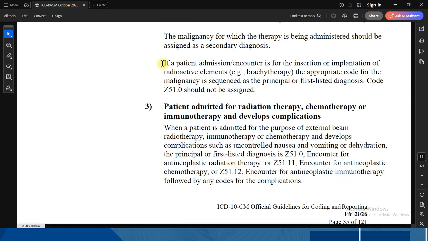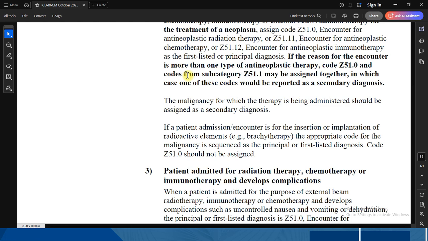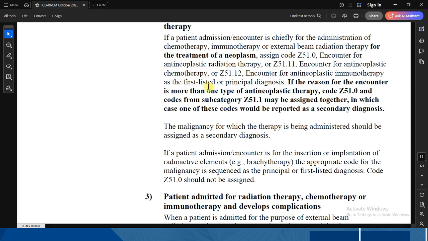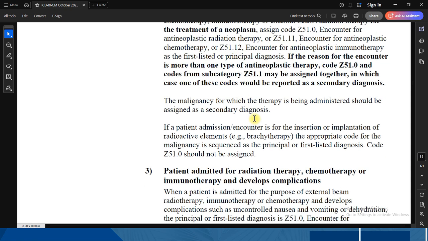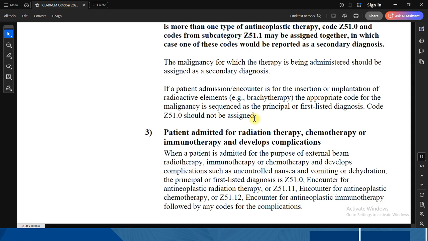This is a very important guideline. These guidelines are related to when the patient came in for therapies like radiation, chemotherapy and immunotherapy. Whereas sometimes the patient comes in for brachytherapy, where the physician will implant radioactive elements into the breast cancer site.